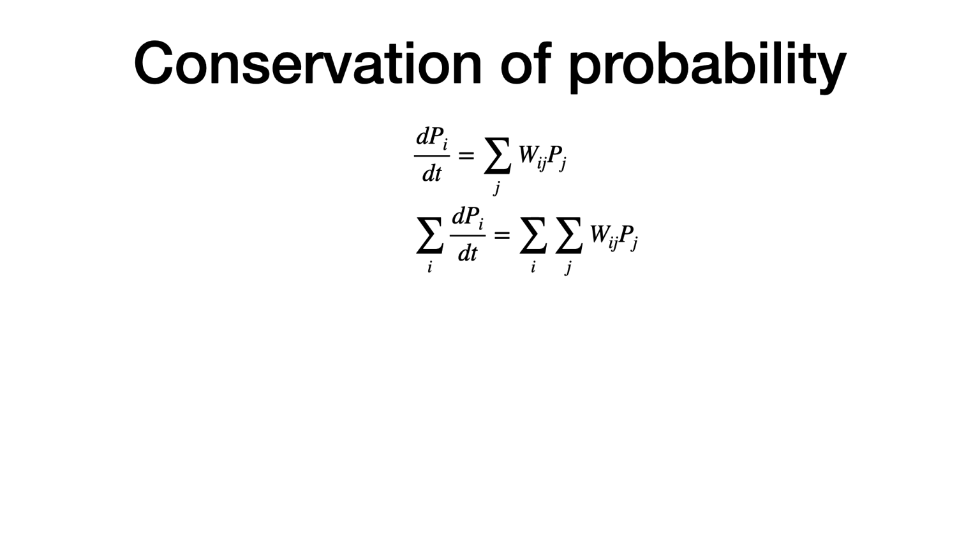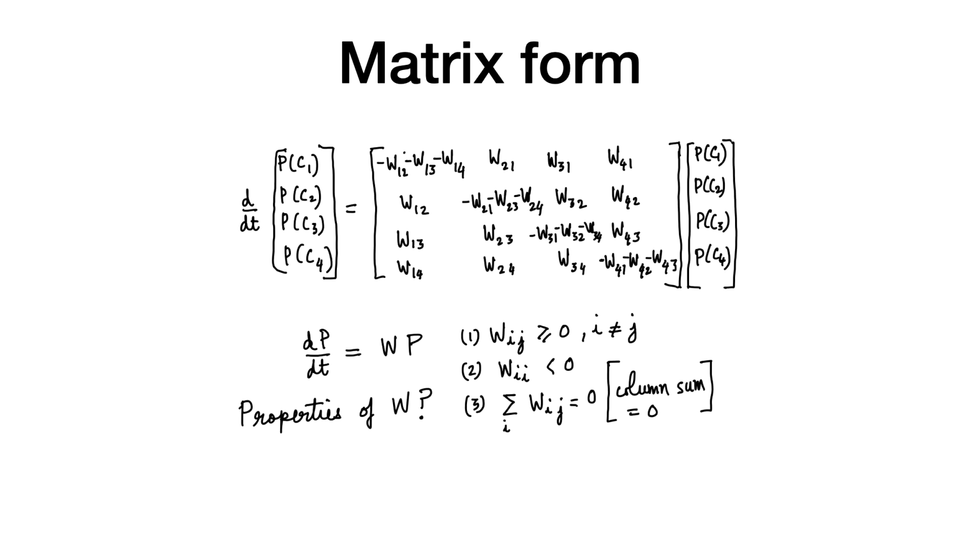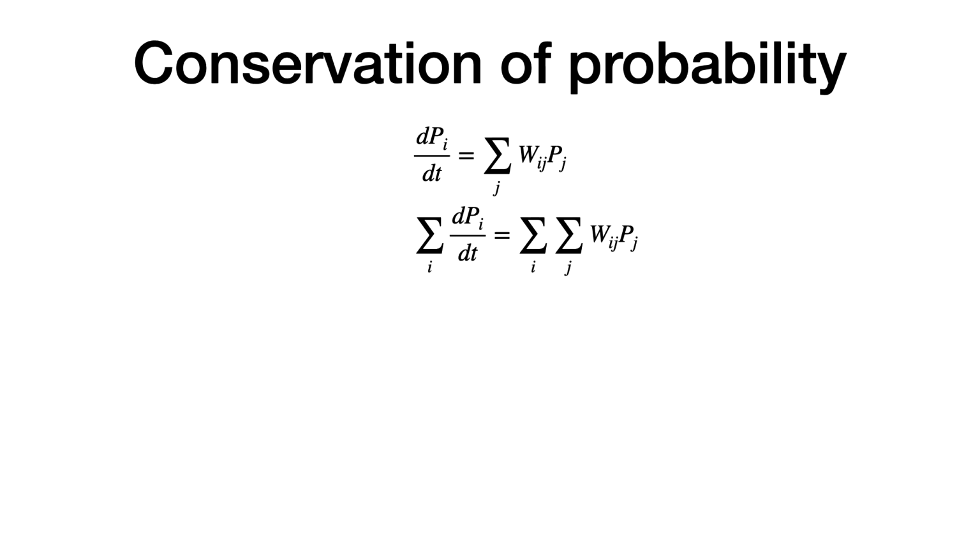Now suppose I take this equation and sum over all i. What am I doing? I am summing over i: P of C1 plus P of C2 plus P of C3 and so on. That is what I am doing. So this summation over i on this side becomes a summation over ij of Wij Pj. This is just a matrix product.